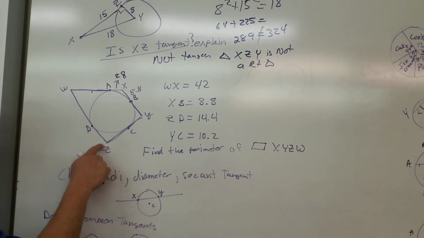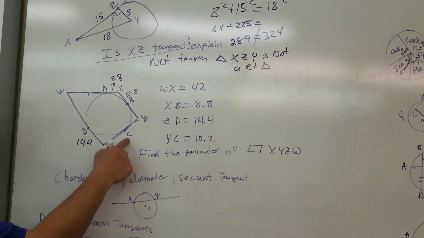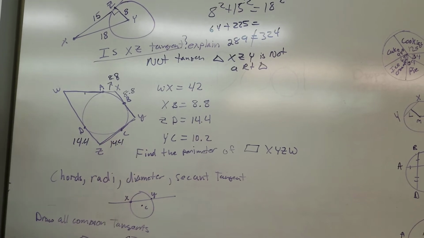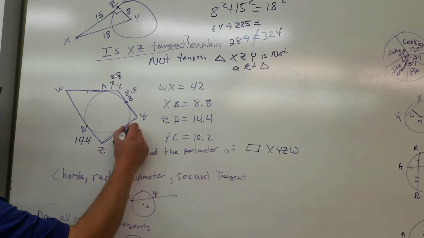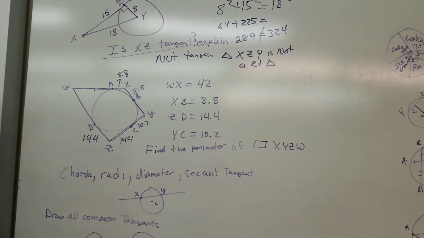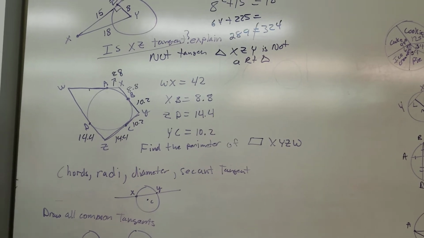So I look, okay, here's ZD. If it's 14.4, then what does ZC have to be? 14.4. Okay, if YC is 10.2, then obviously BY has to be what? 10.2.